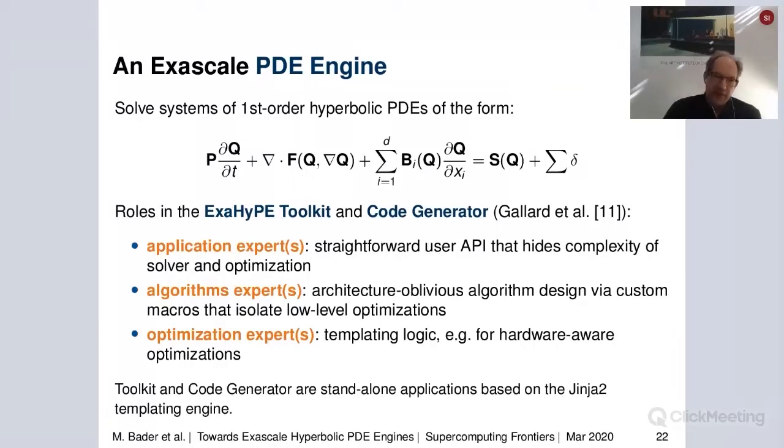Then you have interfaces for algorithms and optimization experts who work on the task-based implementation, for example, or on the key kernels of the algorithm, or do highly hardware-optimized work such as SIMD parallelization and so on. Both the toolkit and the code generator are actually based on the Jinja 2 web templating engine. So here we use code generation capabilities that are established in other application areas.